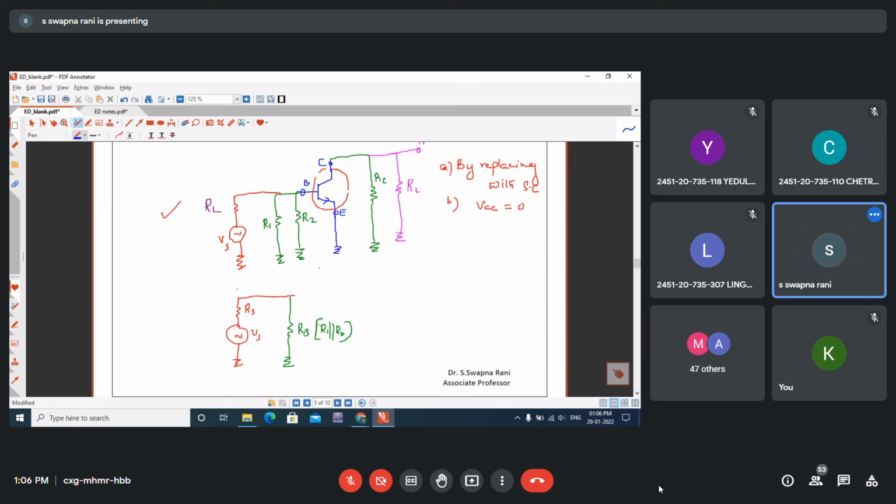This is the base, the emitter is grounded, collector.